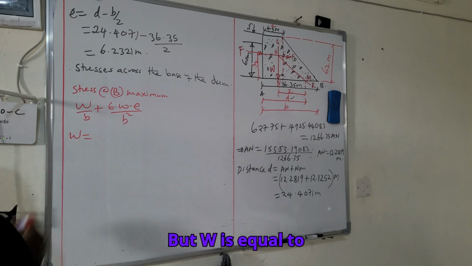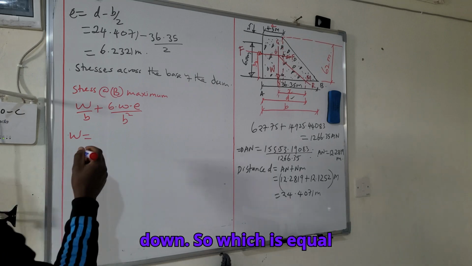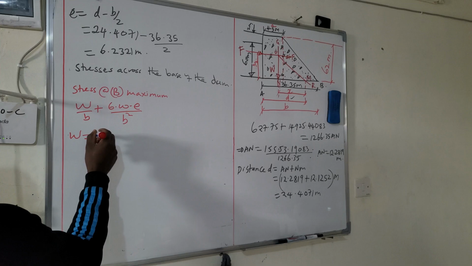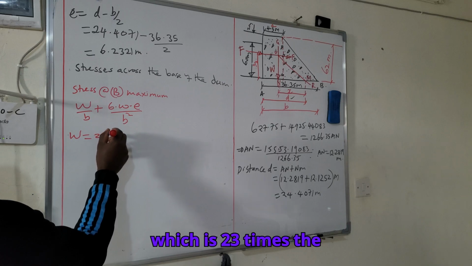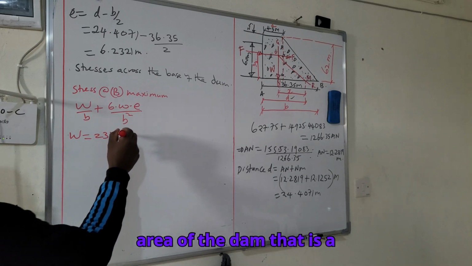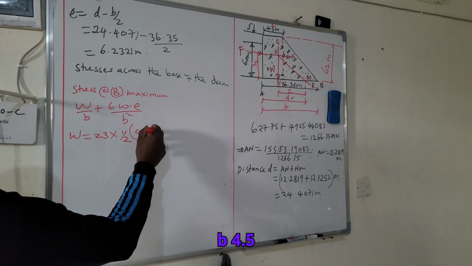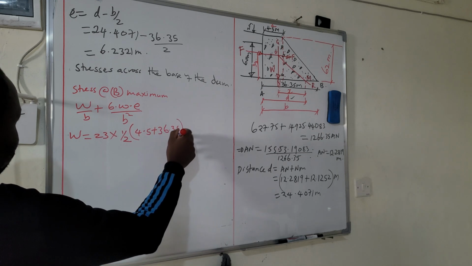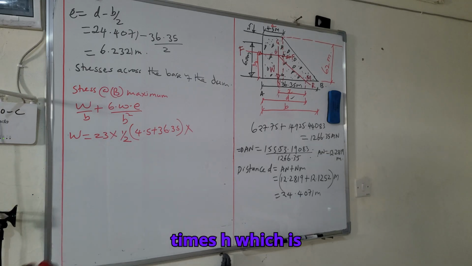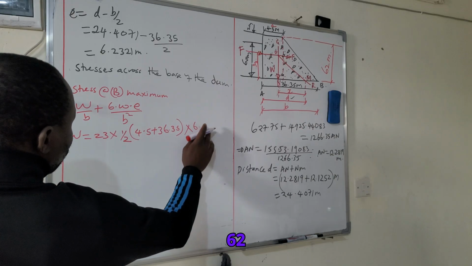But W is equal to the weight of the dam, which is equal to the weight of concrete, which is 23, times the area of the dam, that is a half, A plus B, 4.5 plus 36.35, times H, which is 62.